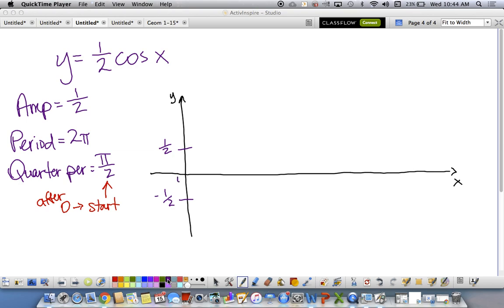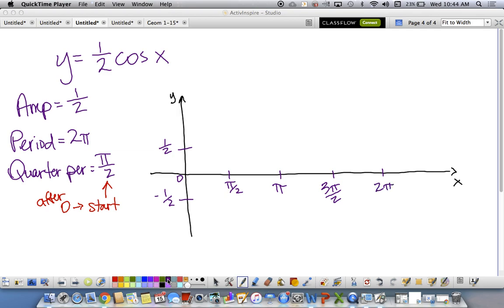Alright, so 0. We're going to add pi over 2. We're starting at our quarter period, so that should not change. Pi over 2 plus pi over 2 is simply pi. Pi plus pi over 2 is 3 pi over 2. Plus pi over 2 is 2 pi.